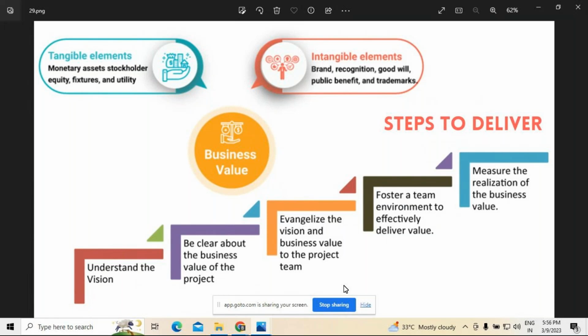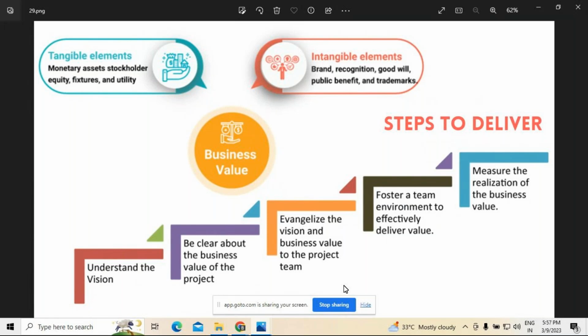Next, once we have clarity over the business value for the project, we need to evangelize the vision, as well as the business value and everything, to the team. This is where we have generally discussed, especially in the context of agile.